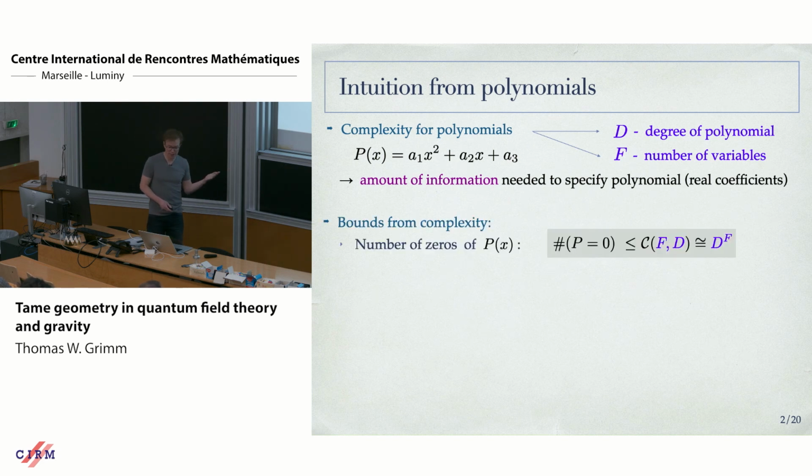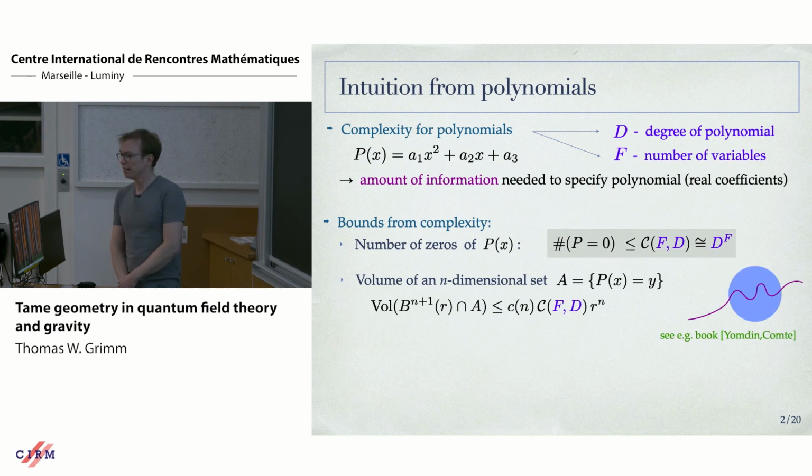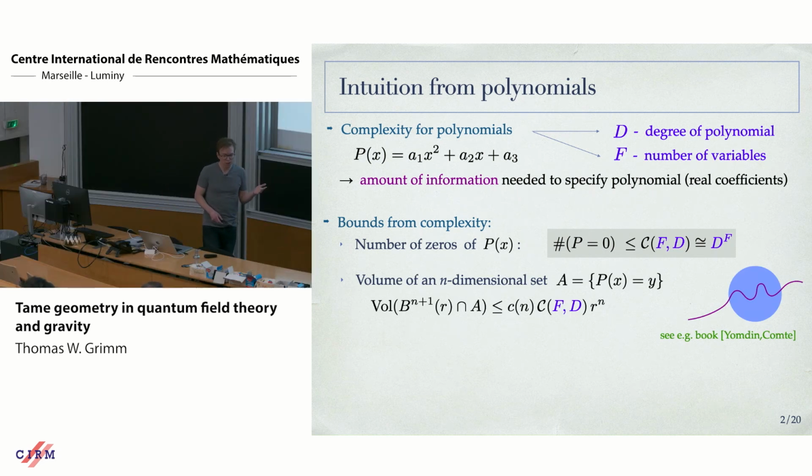Once we have F and D, we can use it to obtain various bounds. For example, a Bezout-type bound, just bounding the number of zeros of a polynomial equation. And of course, this generalizes to multiple polynomials in a well-known way. Okay? But it not only does this, it can also be used, for example, to constrain the volume of the graph of the polynomial.